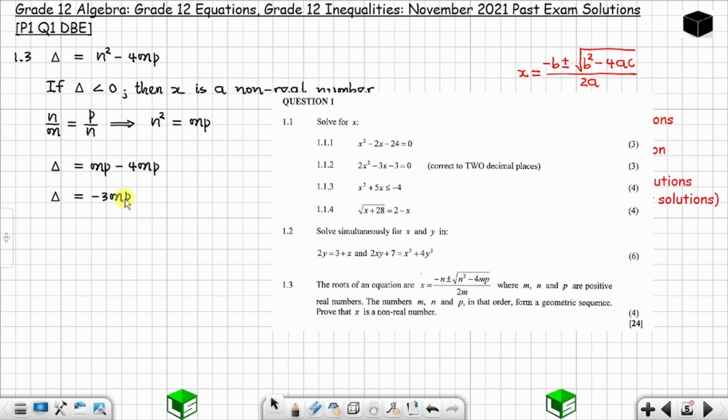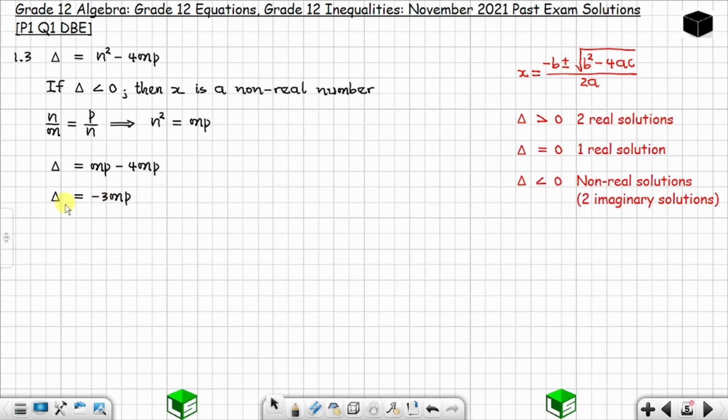But if you multiply it by negative 3, the answer is going to be negative. When you have a negative answer, you know that this is less than 0. So you can say therefore delta is less than 0, and you can conclude that x is a non-real number because delta is less than 0.